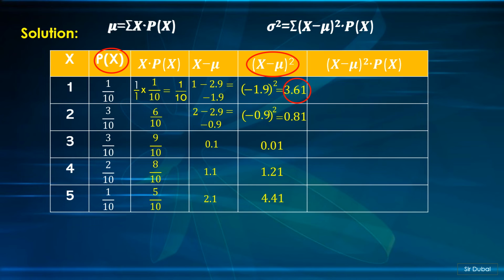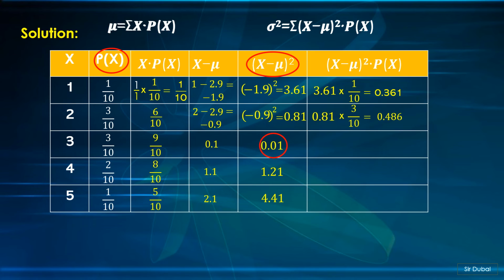We have 3.61 times the p of x, which is 1 over 10, that is equal to 0.361. For the next row, we have 0.81 times 3 over 10, that is equal to 0.486.